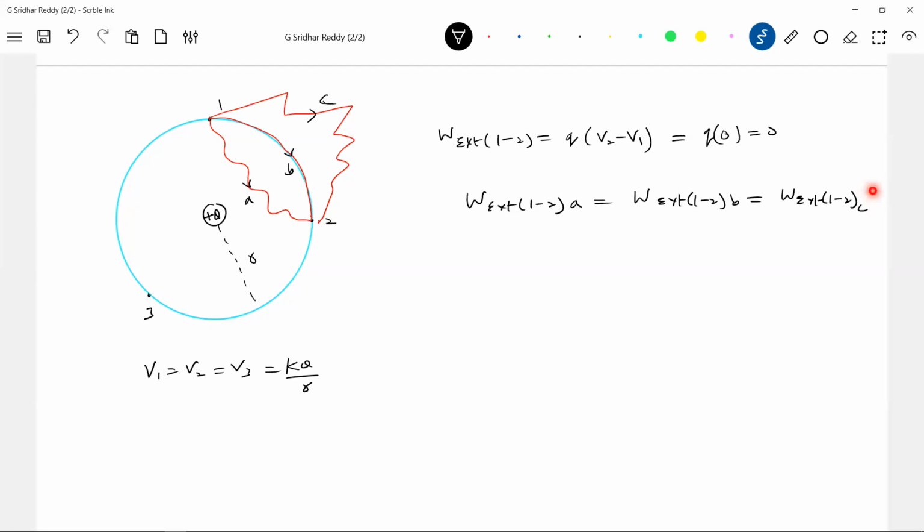So as work done is independent of path, what is the conclusion we can make? Work done is independent of path. So therefore, the field is a conservative field.